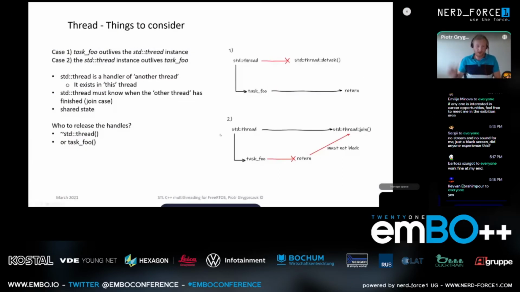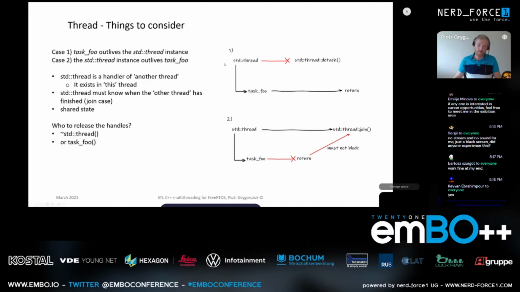Okay, so next thing is threads, and before I go to implementation, a little bit of introduction. A thread was a little bit mind-bending for me, until I came to a realization. Normally, when we implement in C, we have a handle. It's just a single pointer.